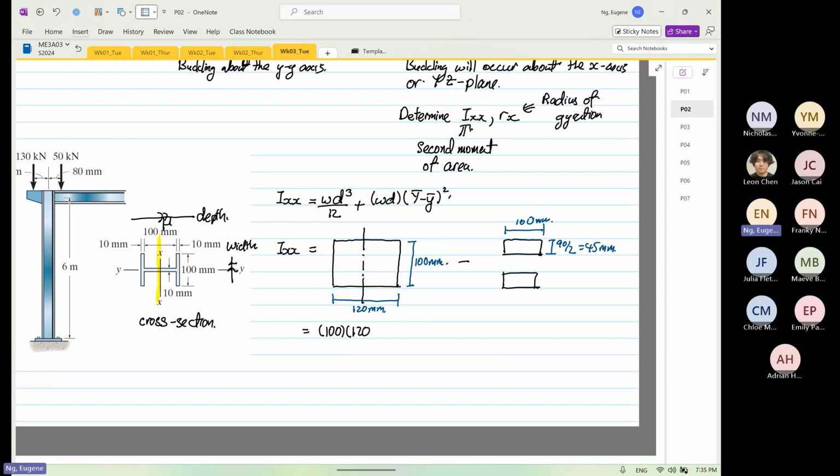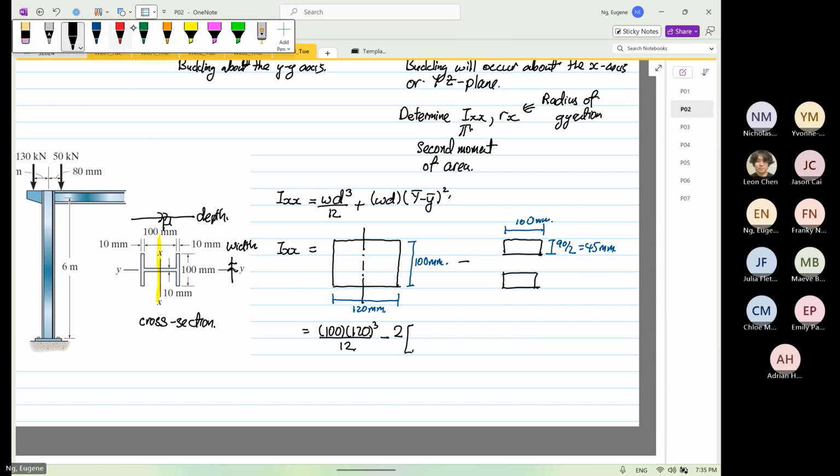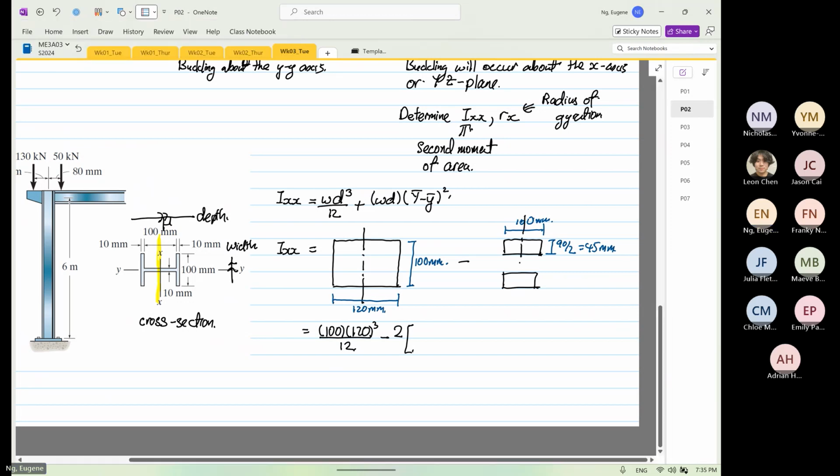The depth, okay, and then this is minus. So it happened to be the centroid of the two small is also at the center, right? So when it's at the center, this term is equal to 0.